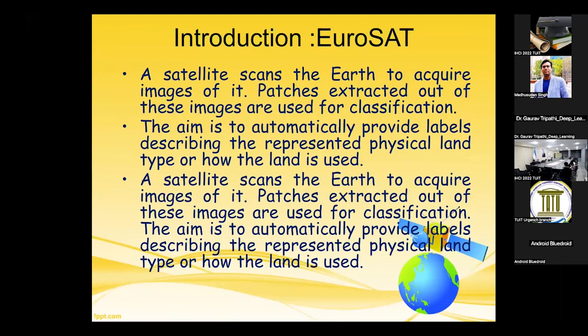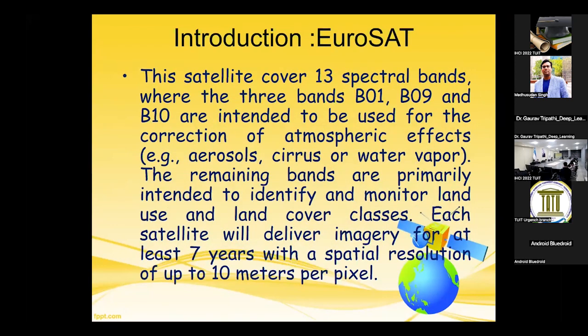The satellite has 13 spectral bands, where 3 bands, for example B01, B09, B10, are intended to be used for correction of atmospheric effects.